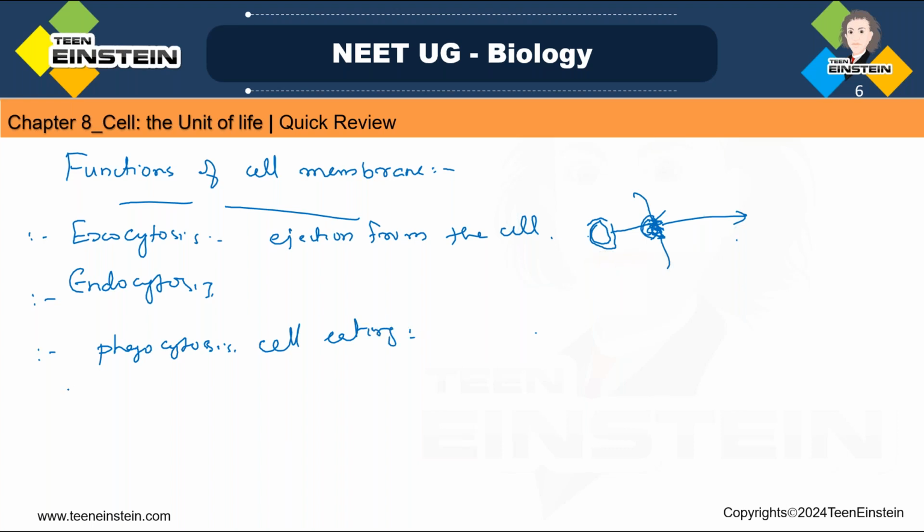Okay, then the passive transport. All these are the functions of cell membrane. Passive transport means there is no direct involvement; the membrane is participating passively in the transport. This takes place when a substance moves across the membrane from a higher to a lower concentration level.